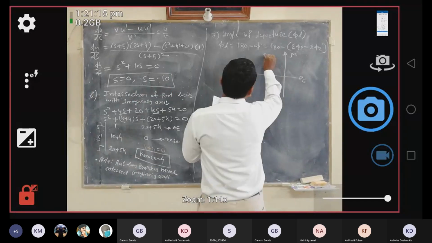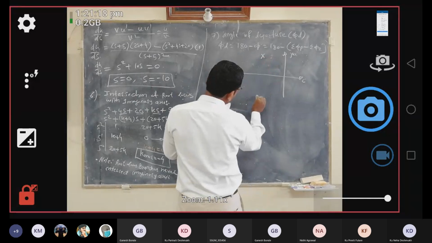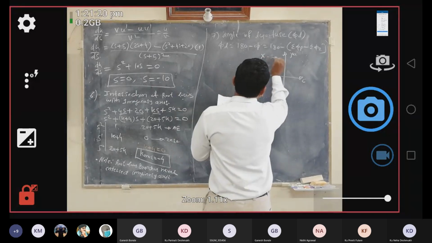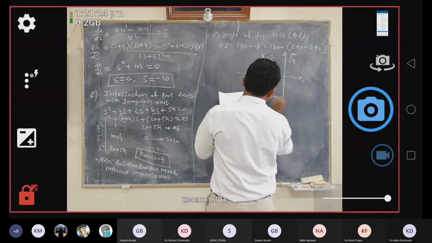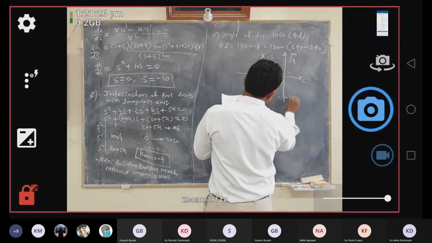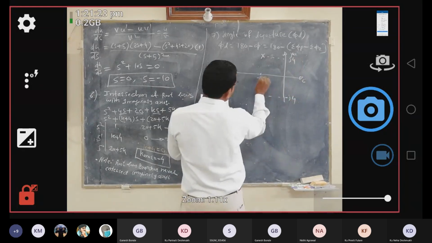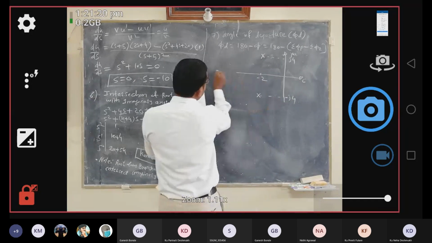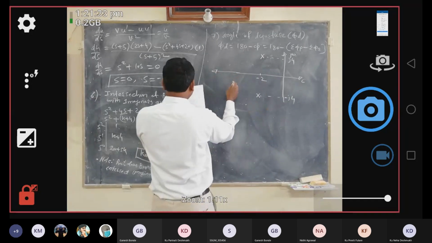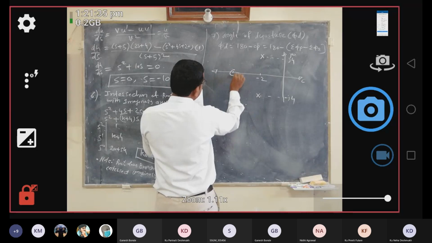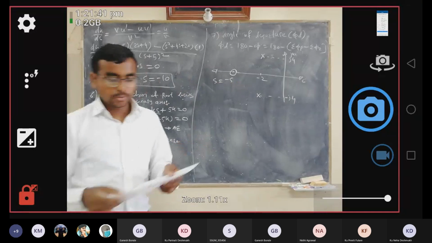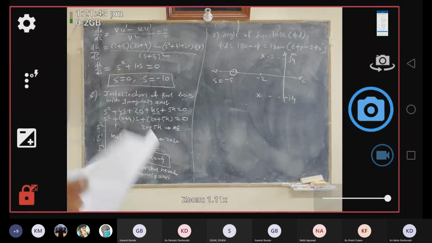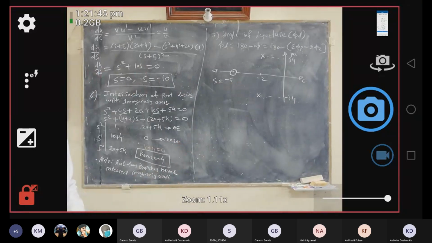So one pair of complex poles, its value is j4, here is minus j4. This is minus 2. And one zero is located at minus 5. This is the zero at minus 5, s is equal to minus 5. So this is our location of poles and zero.